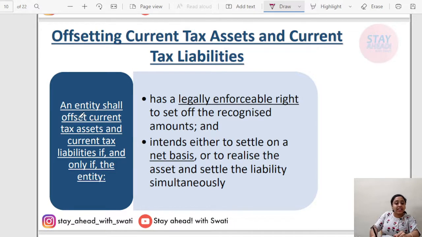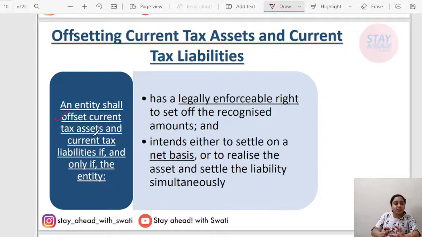Okay, an entity shall offset current tax assets and current tax liabilities and show the net amount if, and only if, the entity has a legally enforceable right to do so, and intends to settle on a net basis. So it should be legally permitted and enforceable, and secondly, there should be an intention of the entity to do it on a net basis.